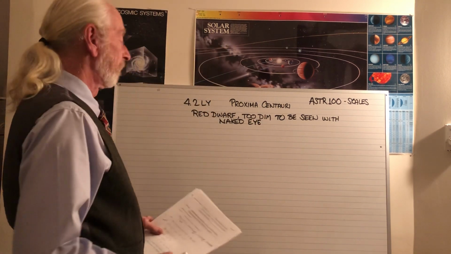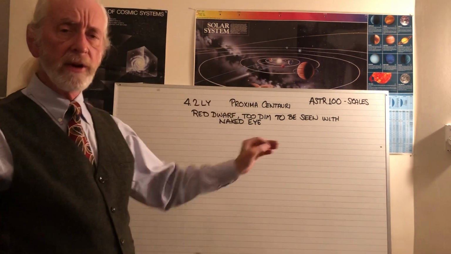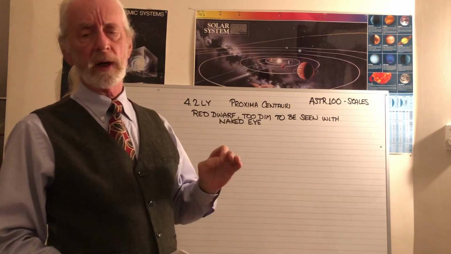You can see him only with very powerful telescopes. But the point is, that is the nearest star to us other than the sun. That is the nearest star to us.